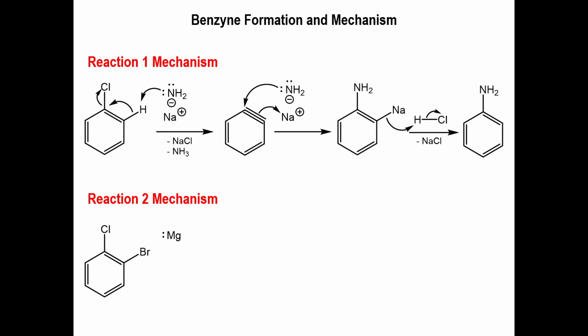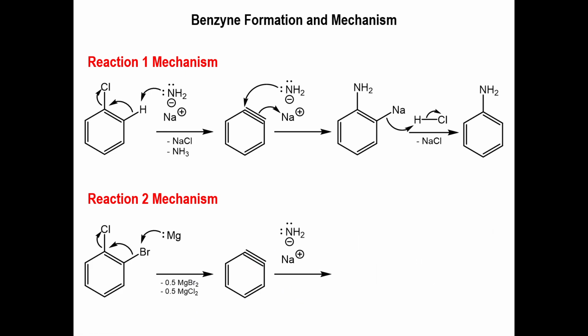Now, the second option that I mentioned involves the magnesium reagent. With magnesium, you can form a Grignard intermediate, but in reality, the way that this happens is that the magnesium attacks one of the two halogens, and the electrons of that carbon-halogen bond move over to the next adjacent carbon where the leaving group is located, kicking away the leaving group, creating your benzyne, and then you form a magnesium halide byproduct.